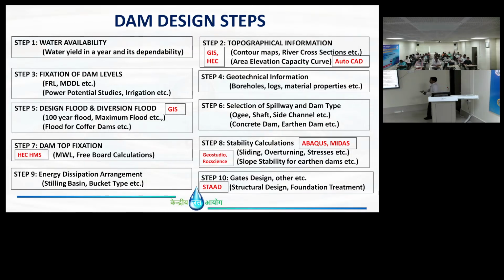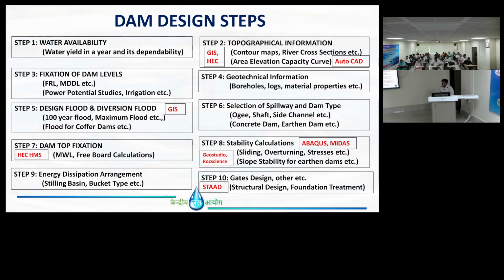And HEC-HMS can be used for finalization of MWL, that modified Puls method I told, right, how much the water level increases. And stability calculations you can do in Abaqus, Midas, GeoStudio and RocScience, all this. Any structural designs you can do in STAAD. So this is the complete design. You can adopt these same steps for earth dams, and even for barrages some steps are applicable.